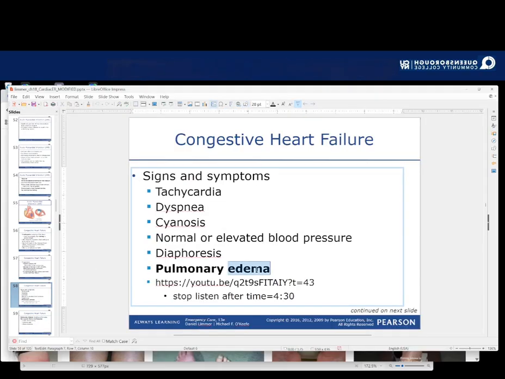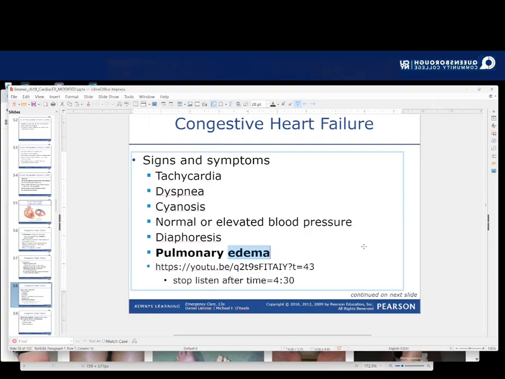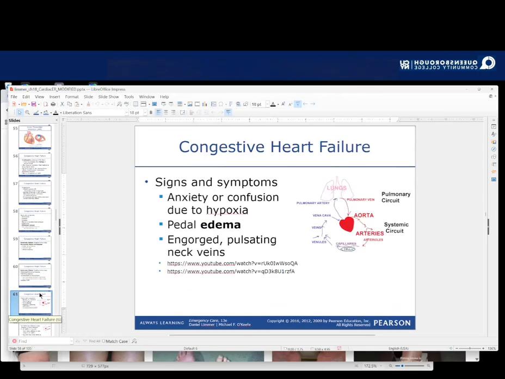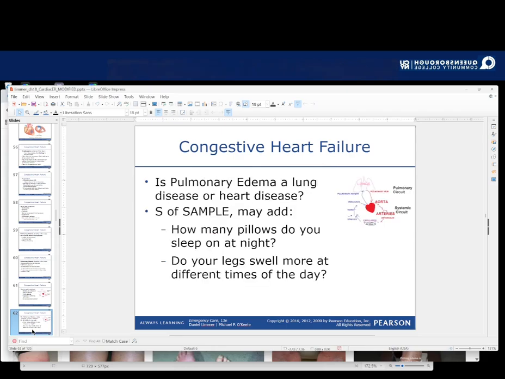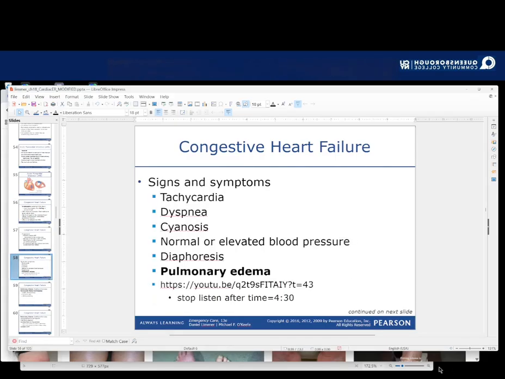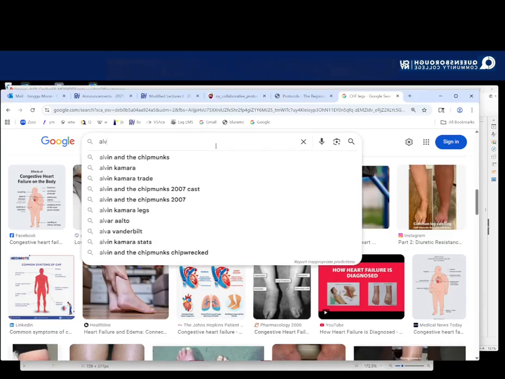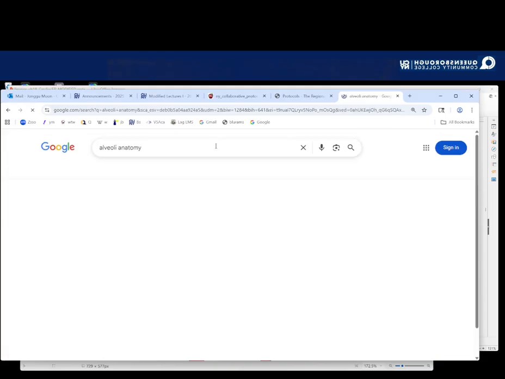Pulmonary edema. So what's a symptom of pulmonary edema? You can't look at somebody's lungs and see that they're swollen, but remember how the lungs are supposed to work: the capillaries are supposed to surround the alveoli. Let's go to the alveoli anatomy.